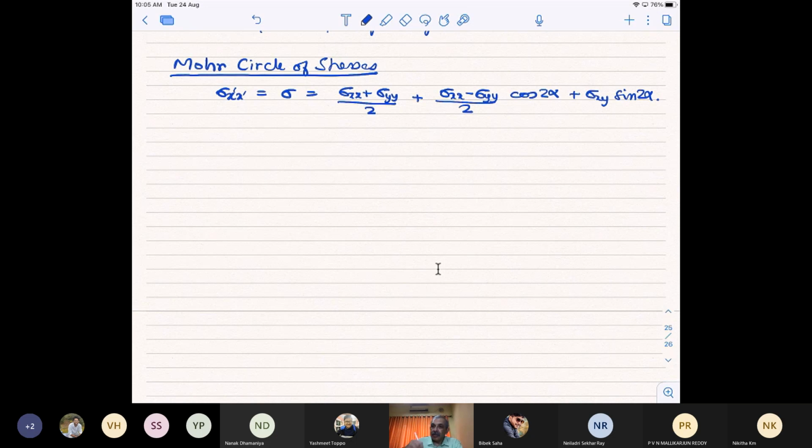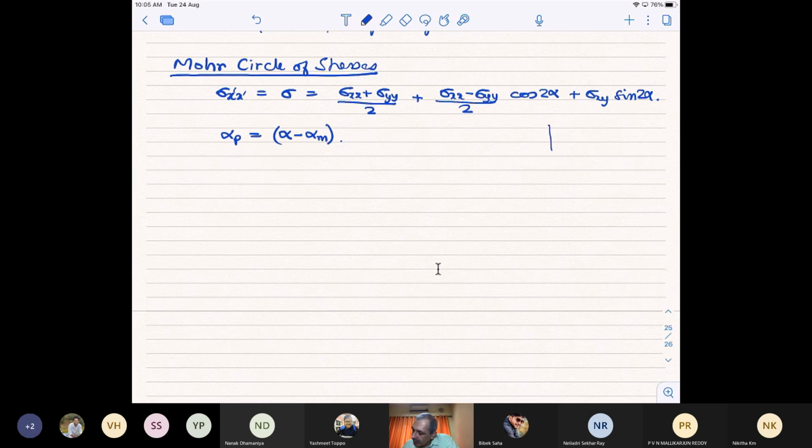Now supposing we rewrite this, that is, instead of measuring the angle from the x-axis, let's define a new angle, and I'll call that angle alpha p, and let's define this as alpha minus alpha m.